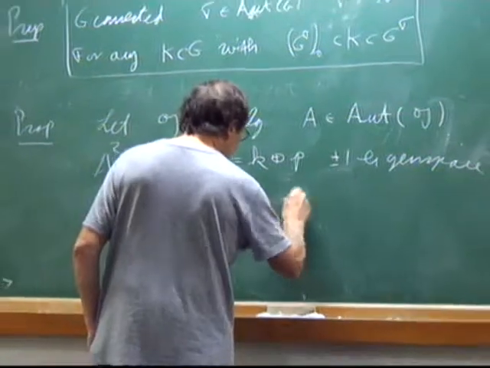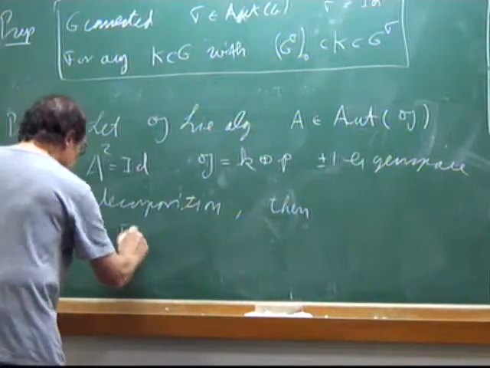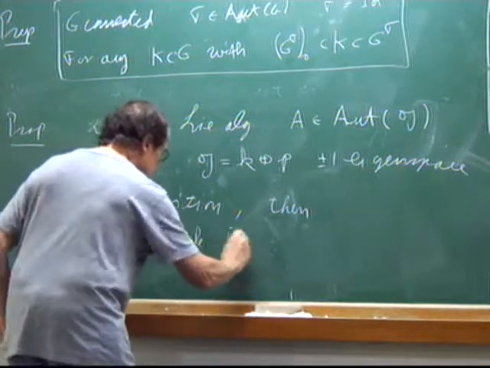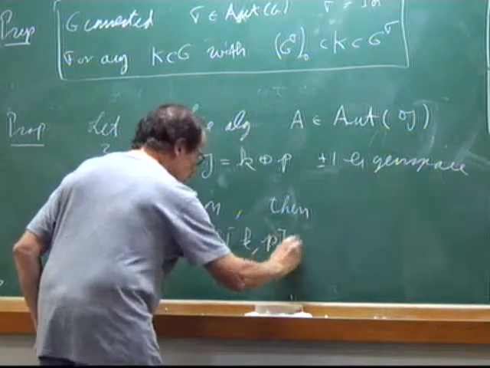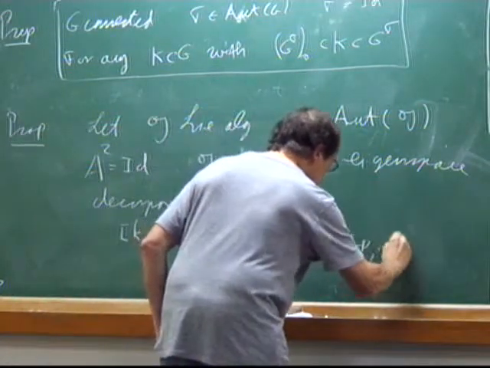So then I have, as before, that [K,K] sits inside K, [K,P] sits inside P, and [P,P] sits inside K.